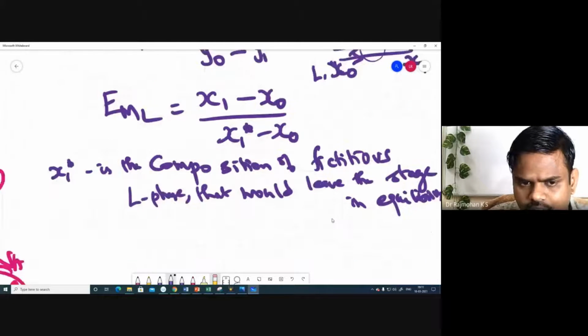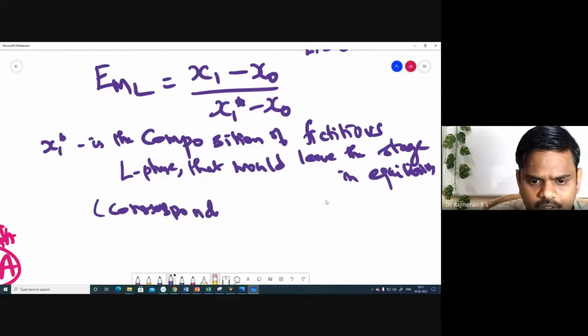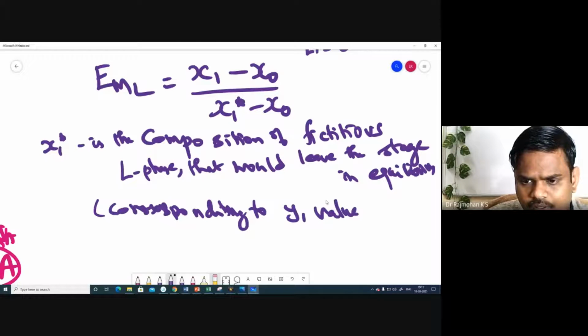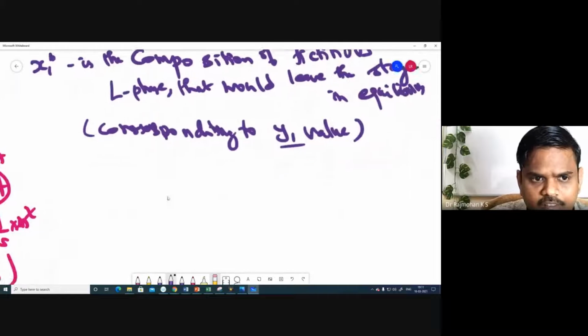Actually, what is leaving is x1, but x1 star would be the imaginary composition, the equilibrium value corresponding to y1 value. This y1 value is actual value, whereas x1 star is an imaginary value.